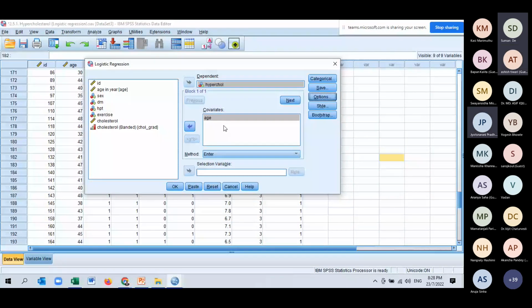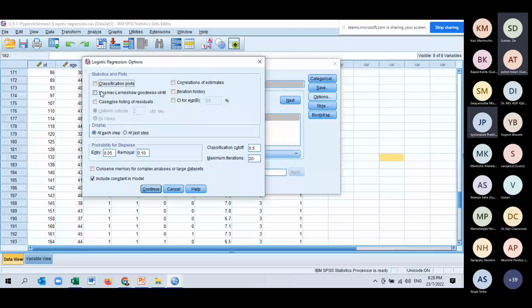Have you all transferred your dependent and independent variables? Dependent: hypercholesterol; independent: age. Click on Options. Click classification plot and Hosmer-Lemeshow goodness of fit, those first 2.